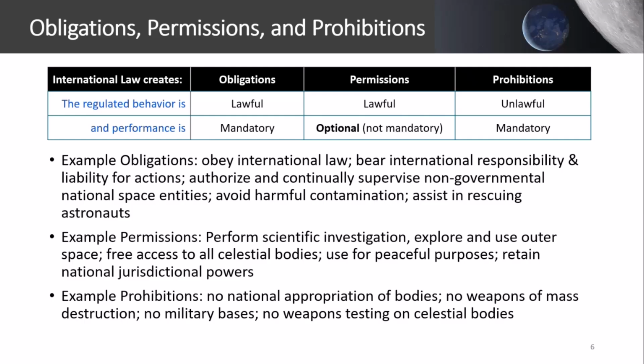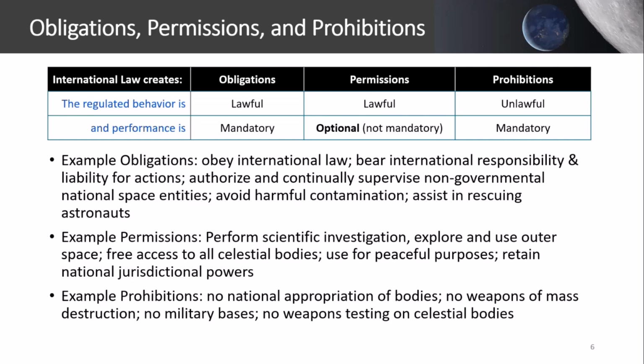So some examples of obligations are bearing international responsibility and liability for your actions or those of your companies in your nation state, supervising non-governmental space entities like industry, avoiding harmful contamination as part of non-interference. And examples of prohibitions on the bottom are no appropriation of bodies.